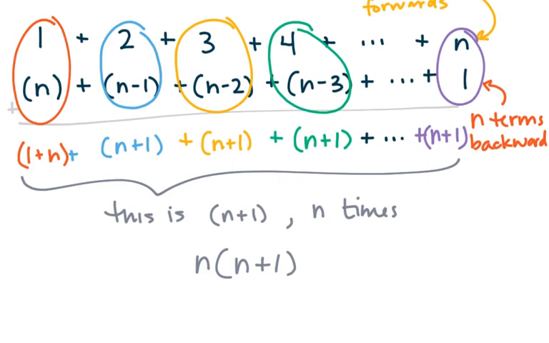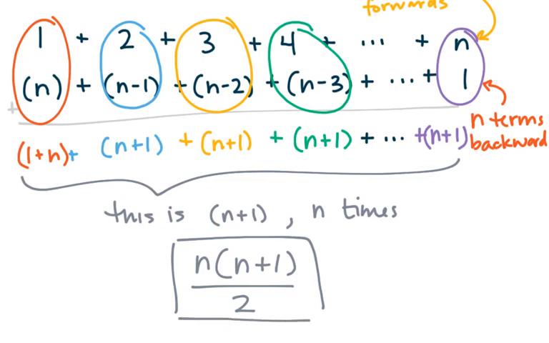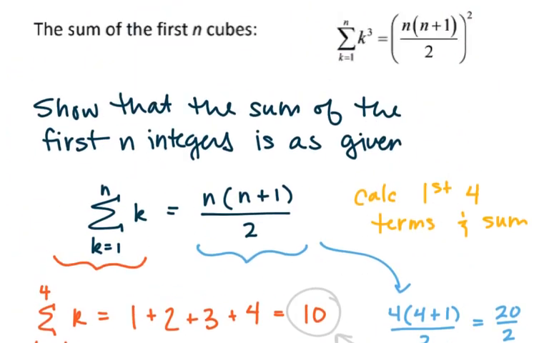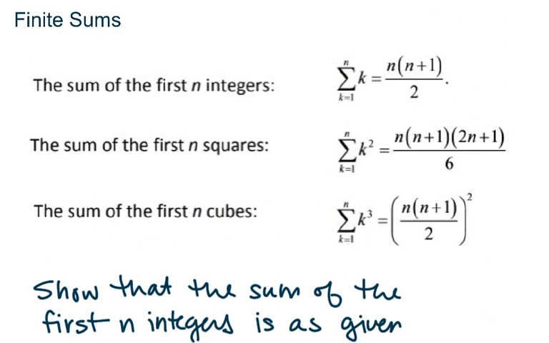So this n times n plus 1 is equal to double the sum. So in order to get that back to the value it should be, we're going to take it and divide by 2. And so now we have proved that the sum of the first n integers, k, from 1 to n, is n times n plus 1, all of that divided by 2. And so that just lets us know that this is a true formula and we can use it.